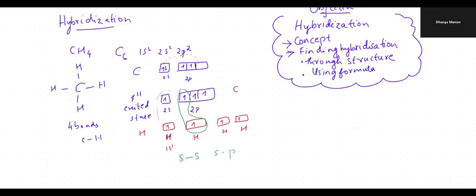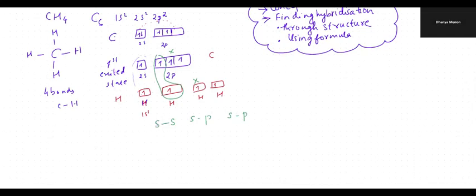Another bond is formed between the s orbital of hydrogen and the next p orbital of carbon. There is another bond formed between the s orbital of the next hydrogen and the p orbital of carbon. Now there are 4 bonds being formed: 1, 2, 3, and 4.